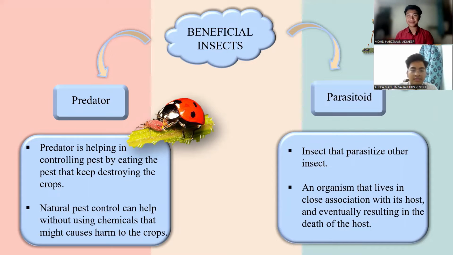We can see here a picture of an example of a parasitoid: parasitic wasps. It can attack all stages of its host, either eggs, larva, nymph, pupae, or adult stage. It will kill the insects that destroy our crops.